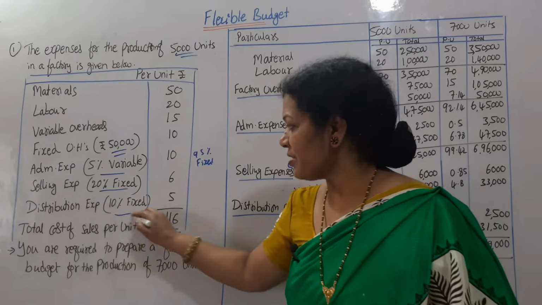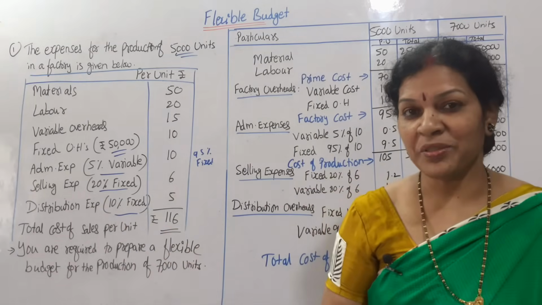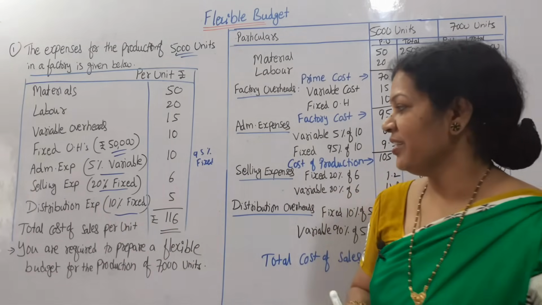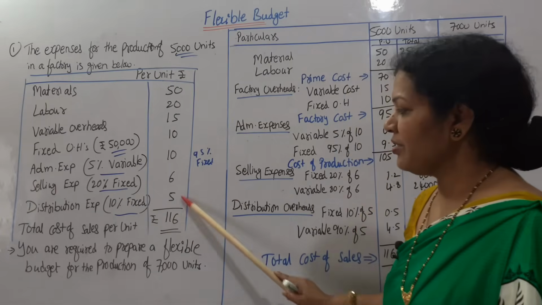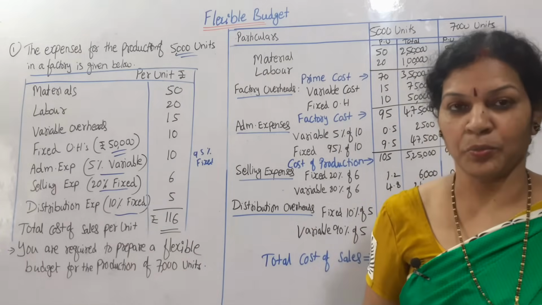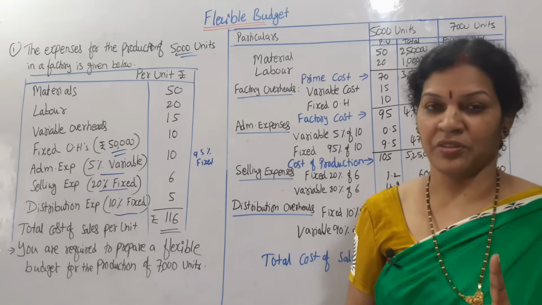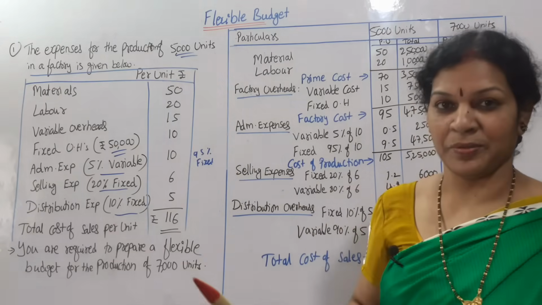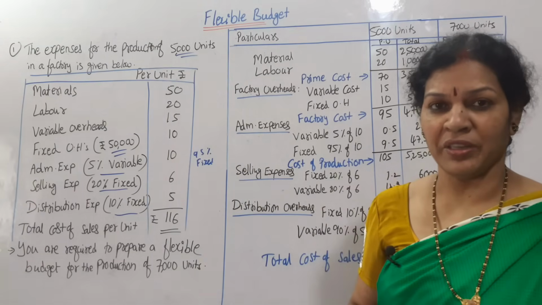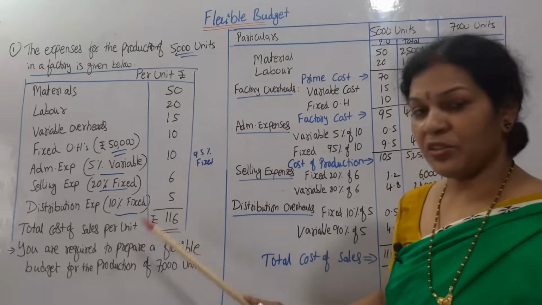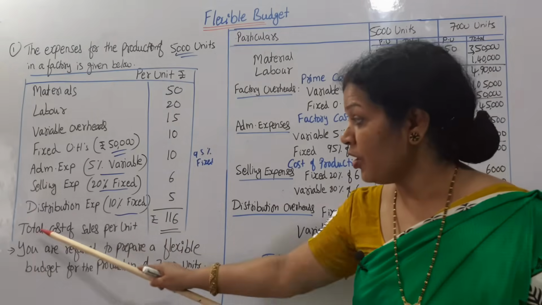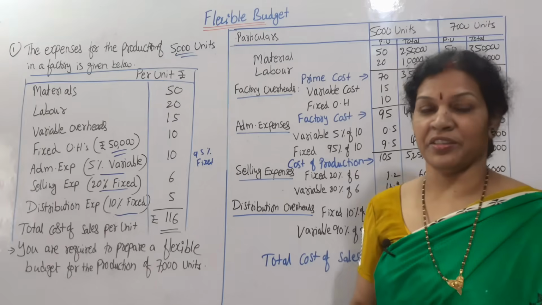Distribution expenses 10% fixed, 90% variable. Okay, and total together it is 116 rupees per unit of 5,000 units. 5,000 units we have production. Per unit it is 116 rupees. This is total cost of sales per unit.